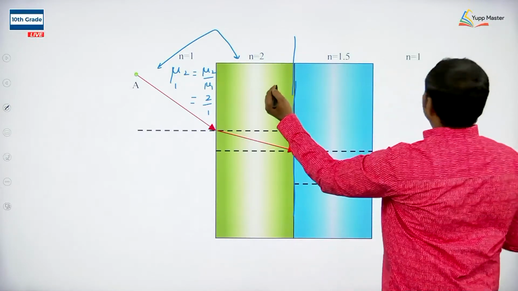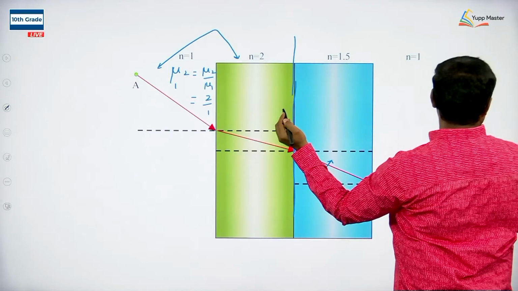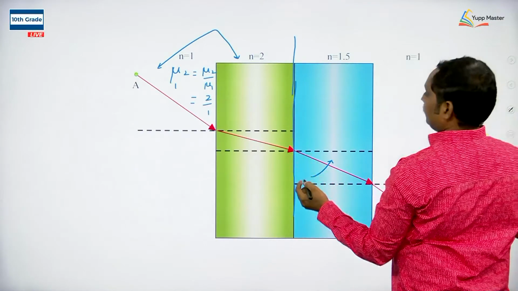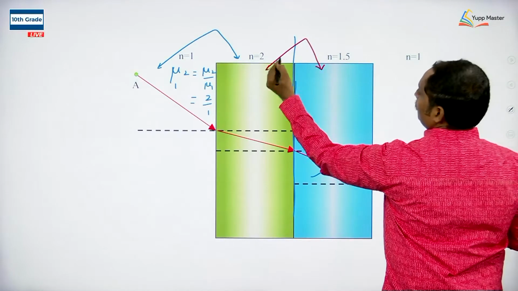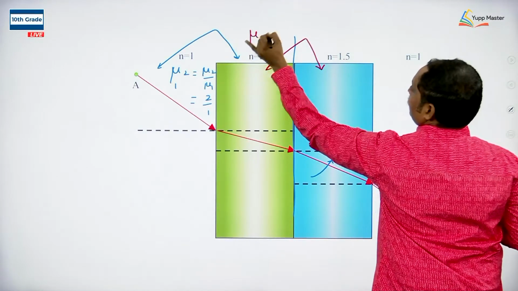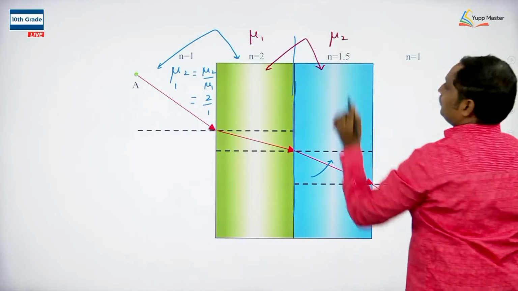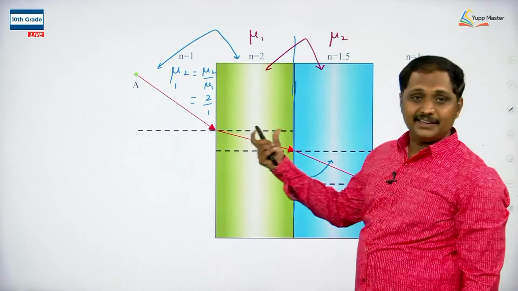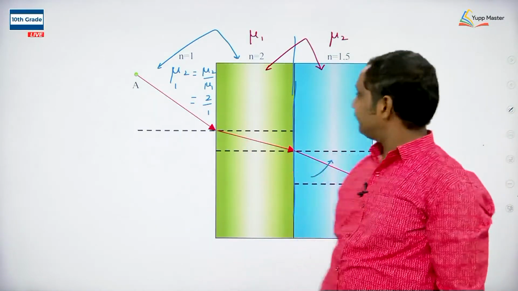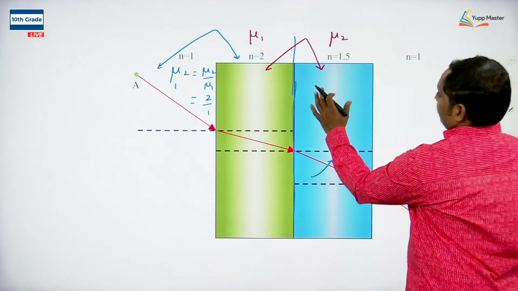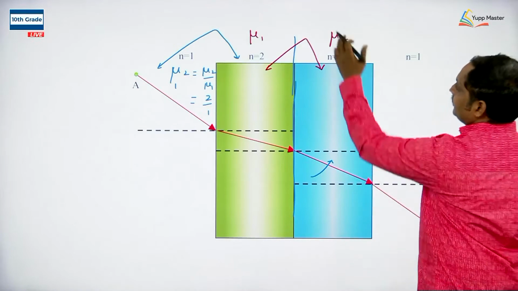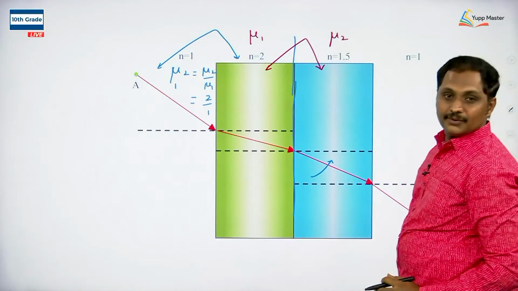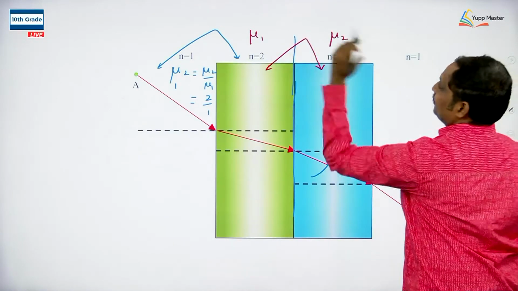With respect to these two media, this is going to be mu 1, this is going to be mu 2. Can you estimate that relative refractive index? This medium is identified with this refractive index mu 2, this is mu 1.